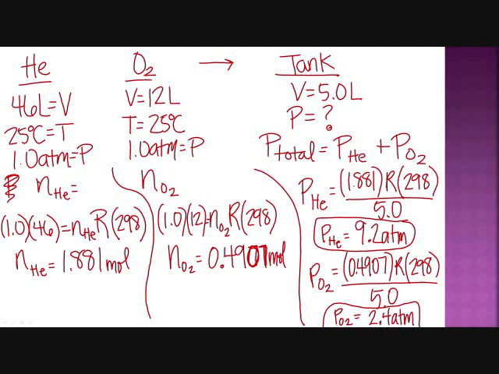Then the last thing that we need to do, because this was part of it, we needed to know the partial pressures of each one after they've been put into the tank. And now we need the total pressure overall for both of them mixed together. So to find the total pressure of the tank, all we do is add the two together.